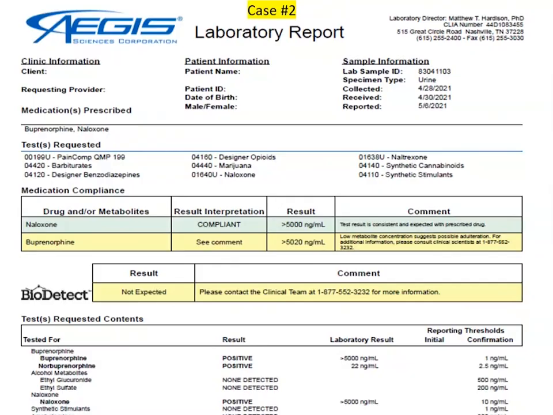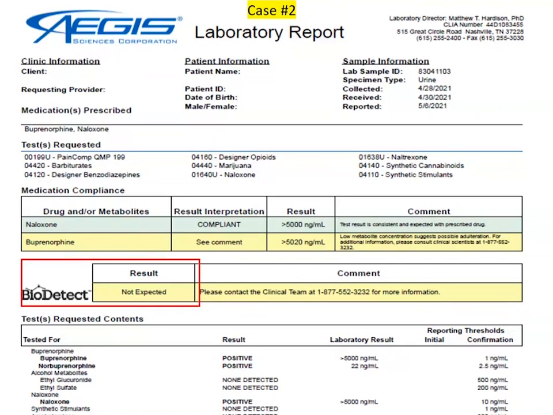So here the parent is greater than 5,000 nanograms, and then the metabolite is 22 nanograms. So a very high ratio there. Naloxone is also very high. This is something that's a little concerning, because naloxone is a very poorly absorbed drug, and typically you don't see concentrations in urine anywhere near this high.